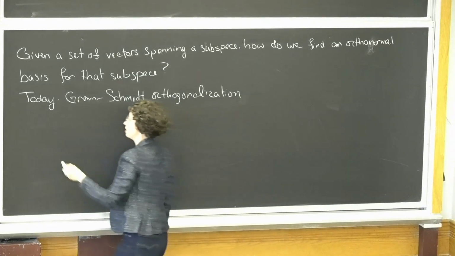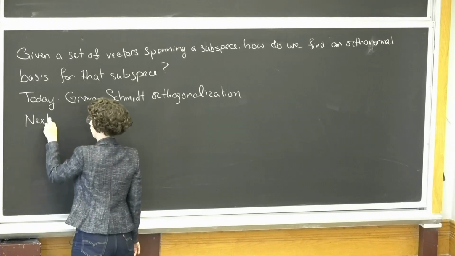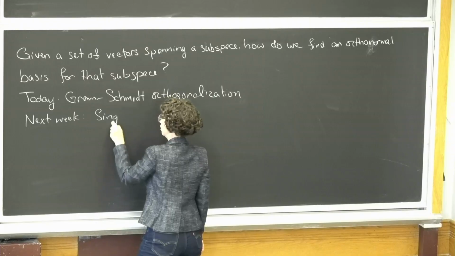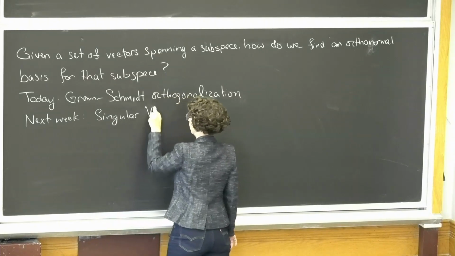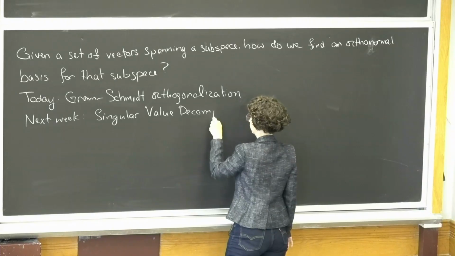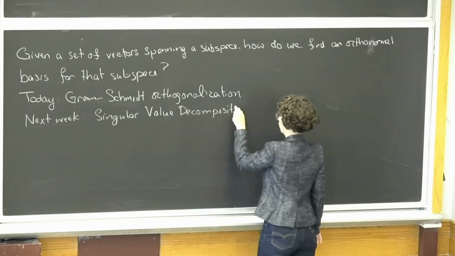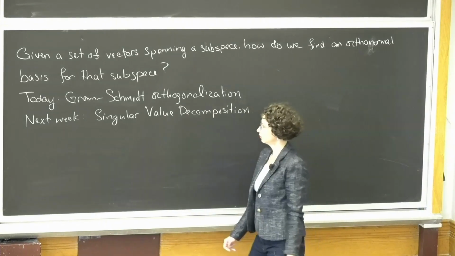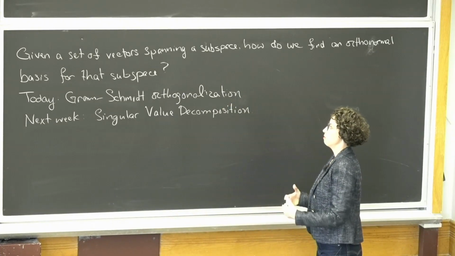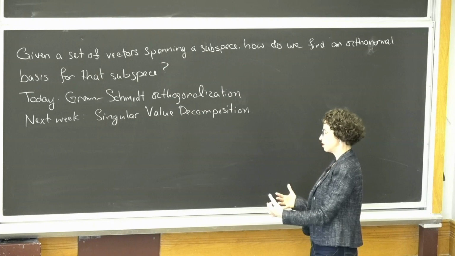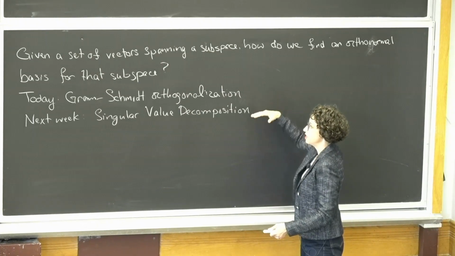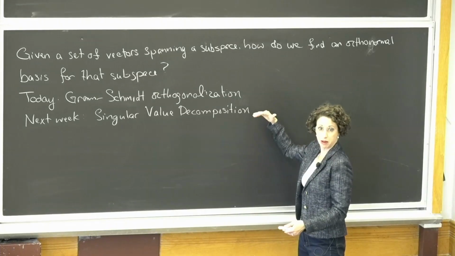And as I mentioned, next week, we are going to look at the singular value decomposition. Okay, so both of these are ways to find bases that span a subspace given a set of vectors. And we are going to see that they can give very, very different bases.